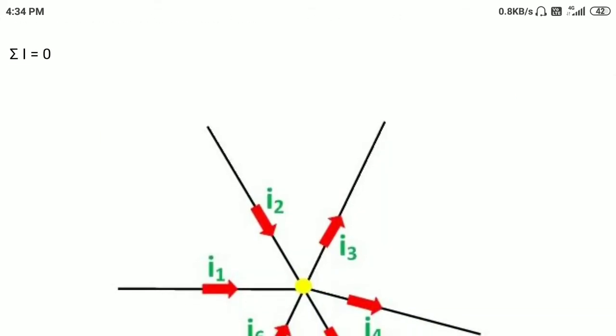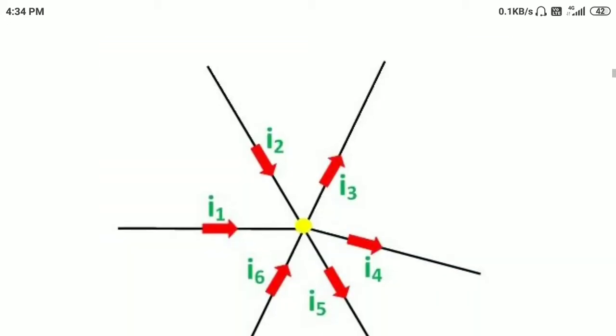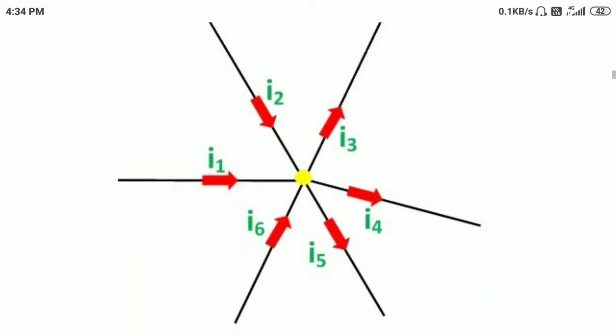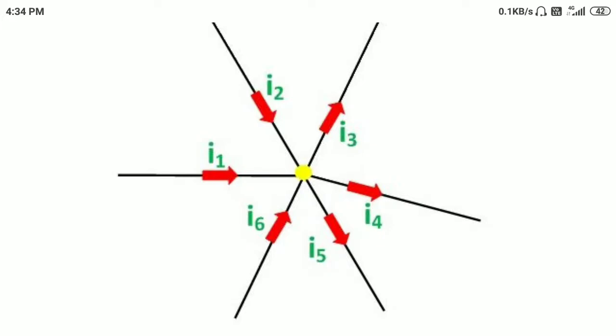So now here, observe this one. The node is colored yellow, and towards the node the currents I1, I2, I6 are entering, and I3, I4, I5 are leaving from the node or junction.